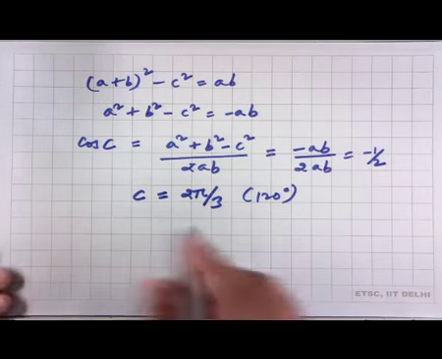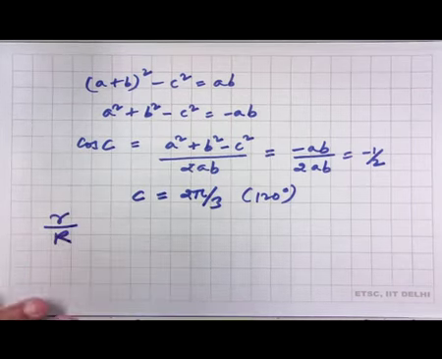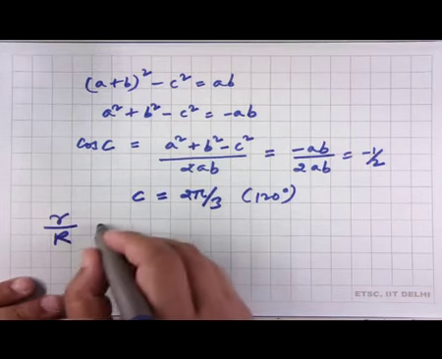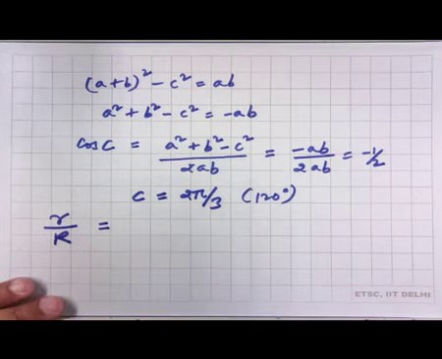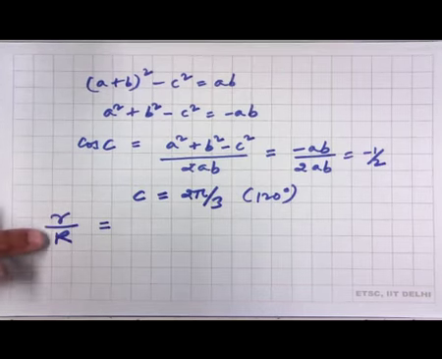What we have to find is the ratio r by capital R. So, for this we have to use the formulas or the expressions that we have derived for the inradius and the circumradius.